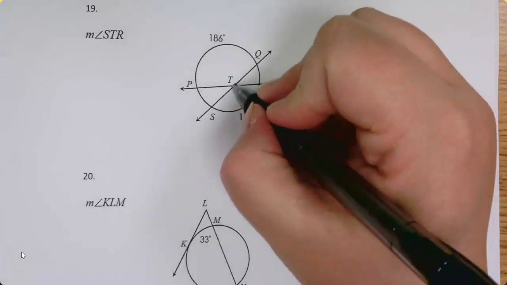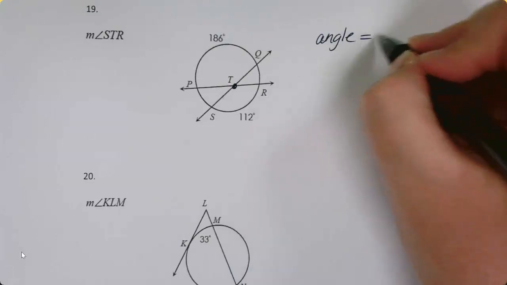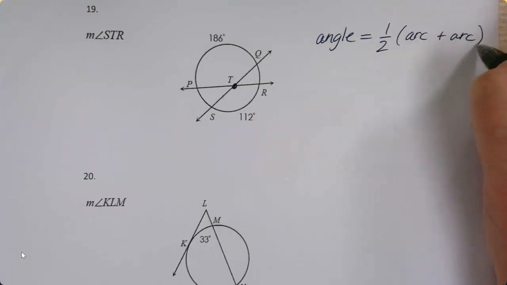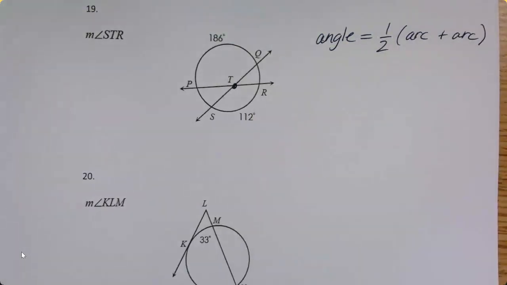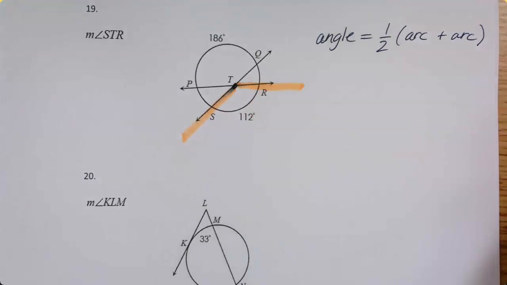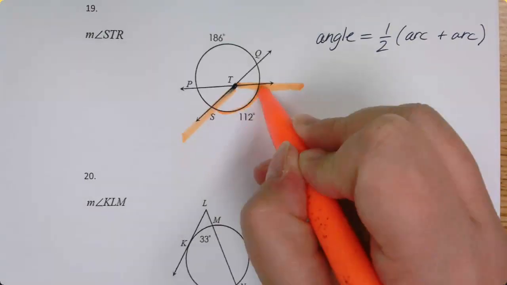The rule for inside is the angle is 1/2 the sum of the two intercepted arcs. There are two intercepted arcs, so let's look at that. They want me to come up with the measure of angle STR. That's this angle right here. Okay, so it's pretty clear that this is an intercepted arc for that angle.